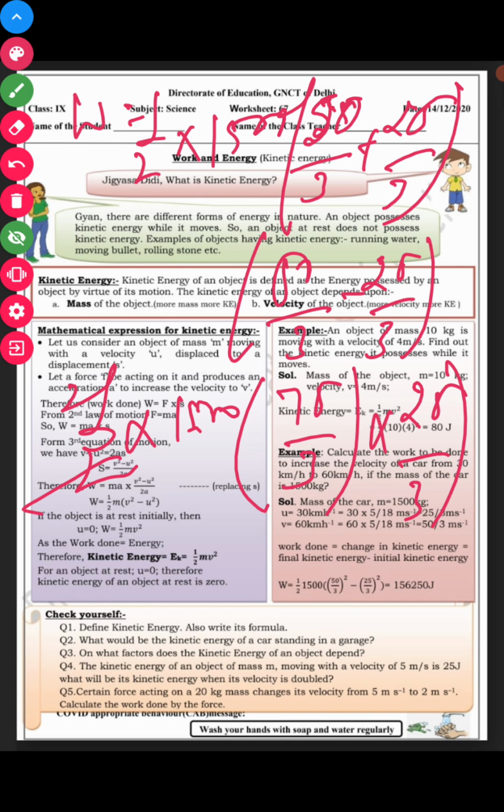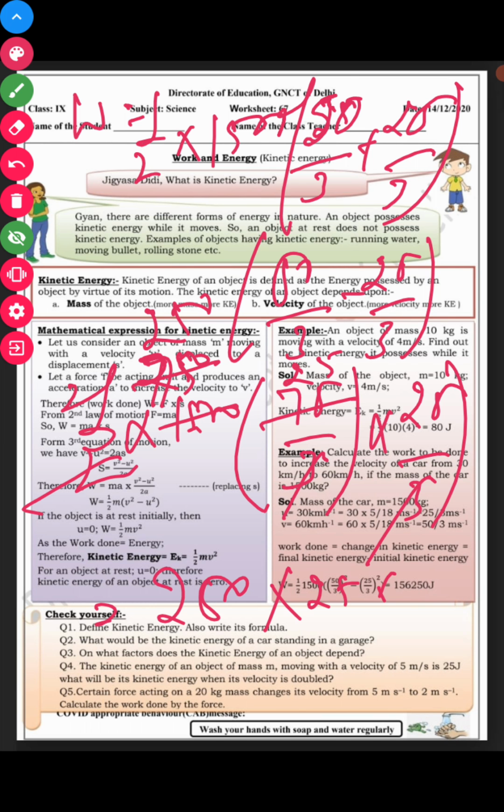So if we solve, 250, divide this 3 with 75, 25, and again divide this, this is 750, okay, and again divide this 3 with this 250. We will get 250 into 25 into 25.